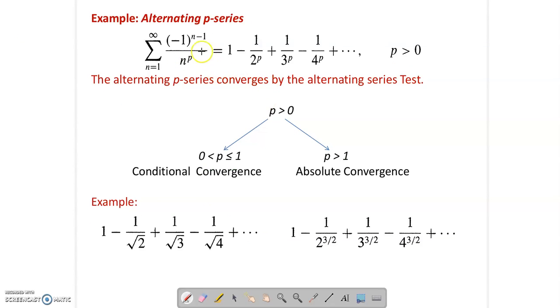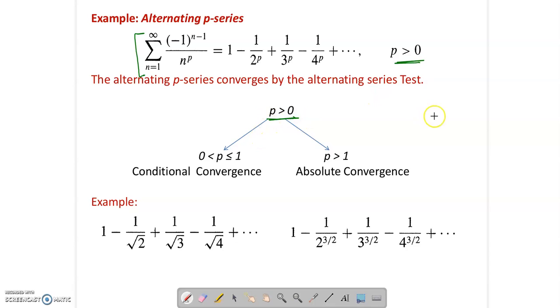Now that we have concluded that this series is converging, next we want to see for which values of p it converges absolutely, and for which values of p it converges conditionally. So for now we have this case, p is greater than 0.